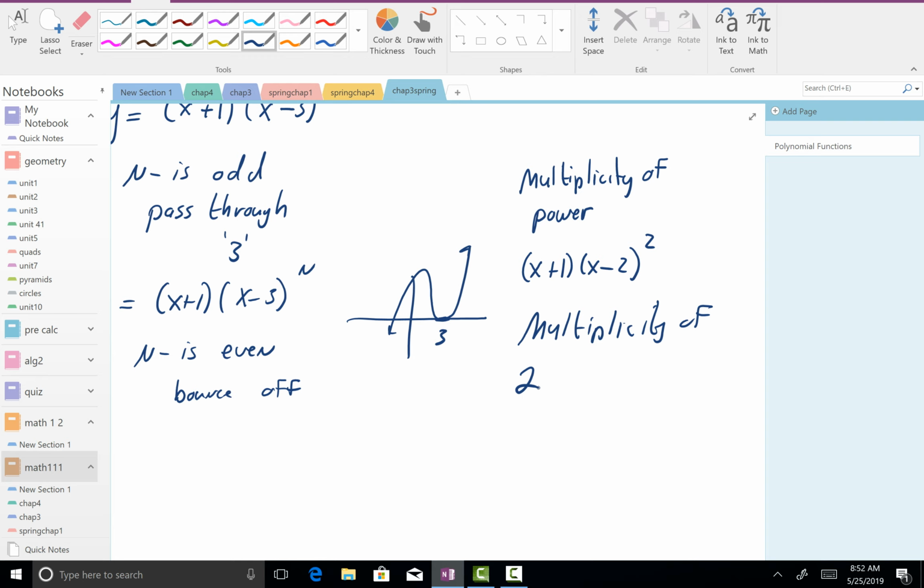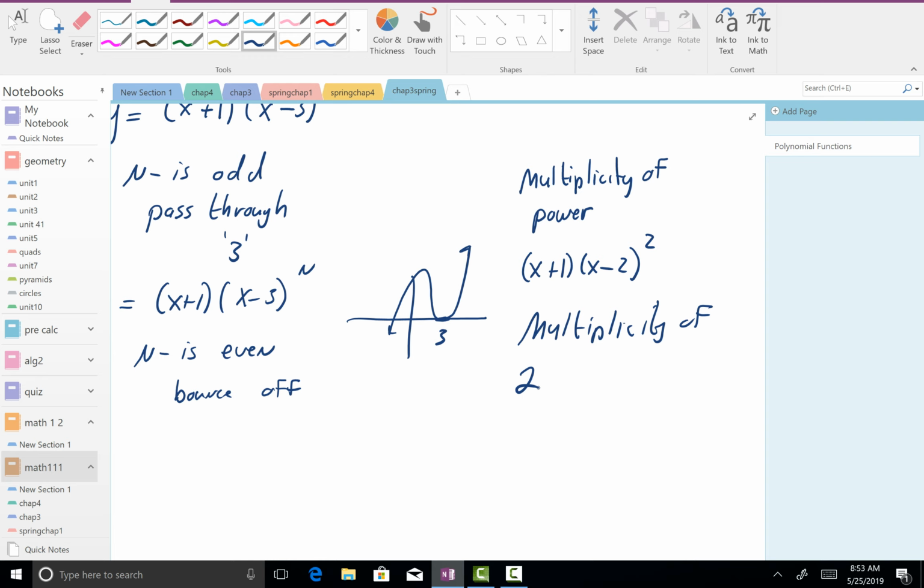Here's our multiplicity of 3, right here. And we're getting a fifth-degree polynomial. If I zoom out just right, you won't even see that little glitch there, and it'll look just like an N.